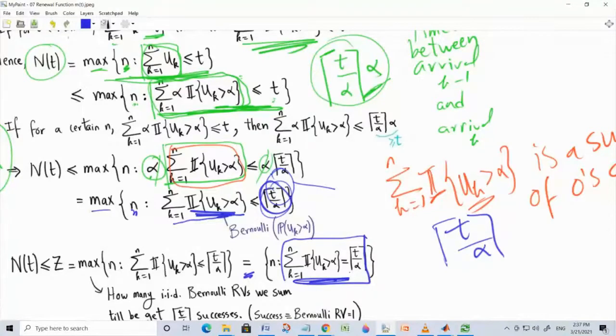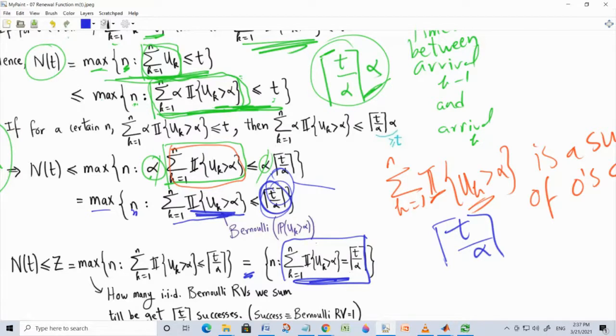So you have a threshold, and you keep summing numbers between 0 and 1, and you want the maximum n such that you remain less than or equal to the threshold.